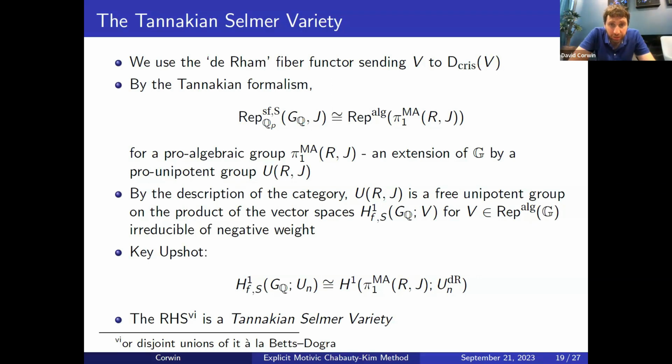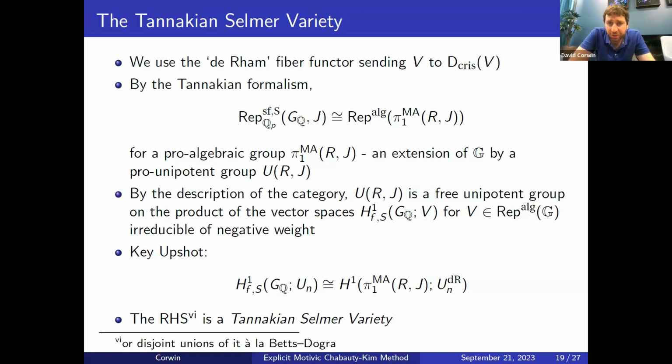And furthermore, by the description of the category, U_RJ is a free pro-unipotent group on essentially the Ext^1s, or more specifically, the Ext^1s for irreducible V, aka simple objects of the abelian category. Okay, it's a free unipotent group on these Bloch-Kato Selmer groups.